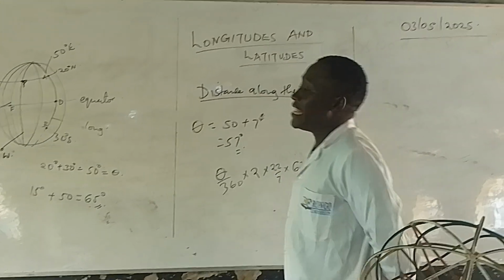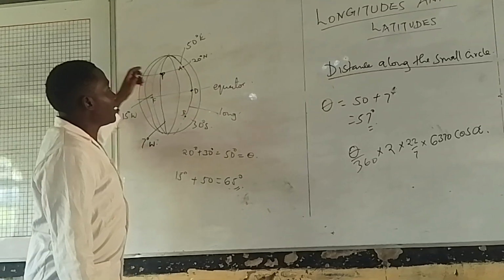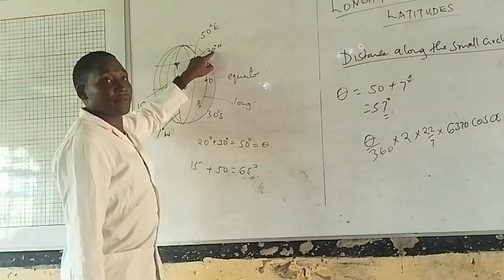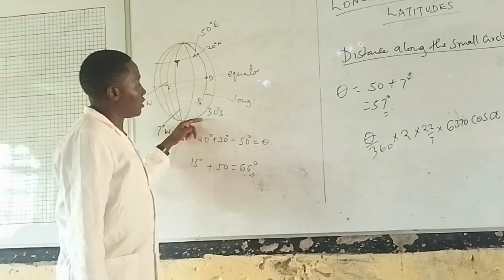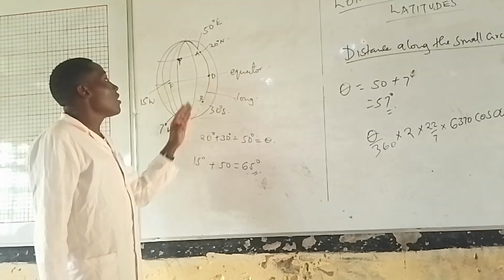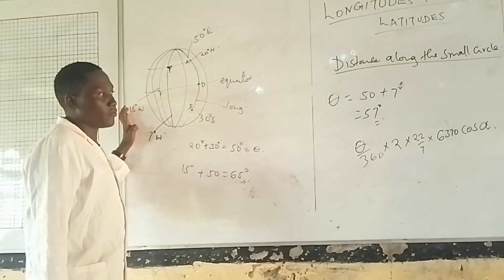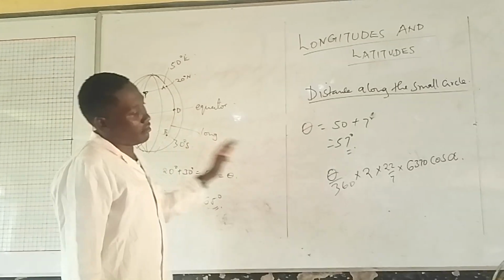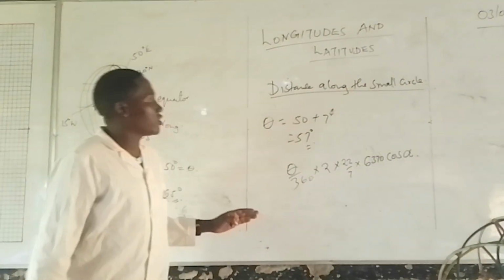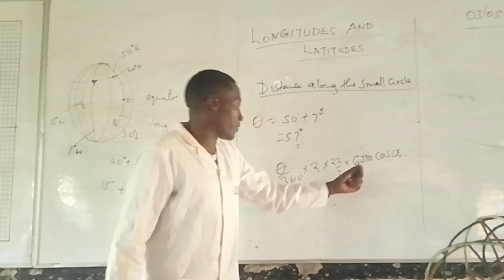This alpha is the latitude, and remember the latitude is given in degrees north and south, but the longitudes are given in east and west. So it is cos latitude.